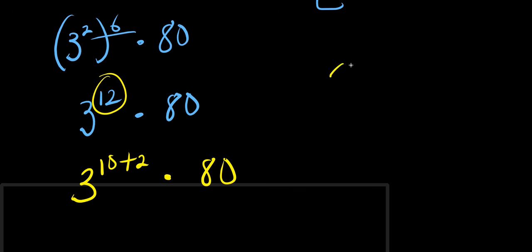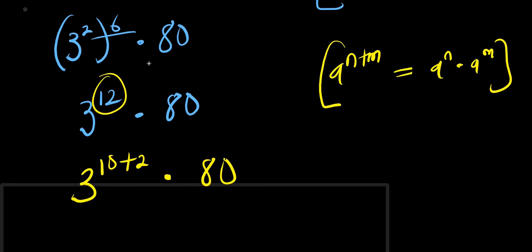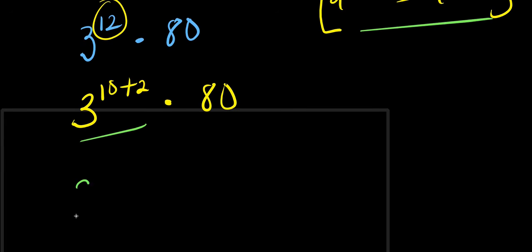If you have a power m plus n, this equals a power m times a power n. So I'm going to apply this identity here. I will simply have 3 power 10 times 3 power 2 times 80.